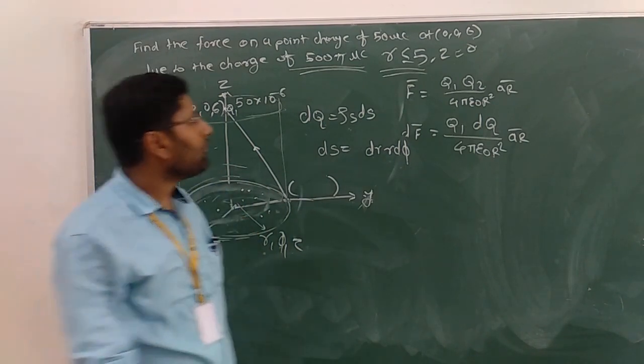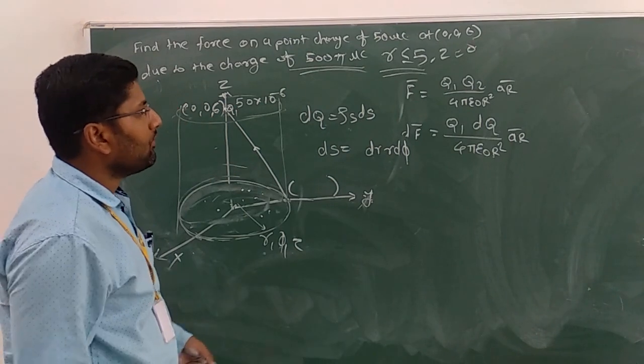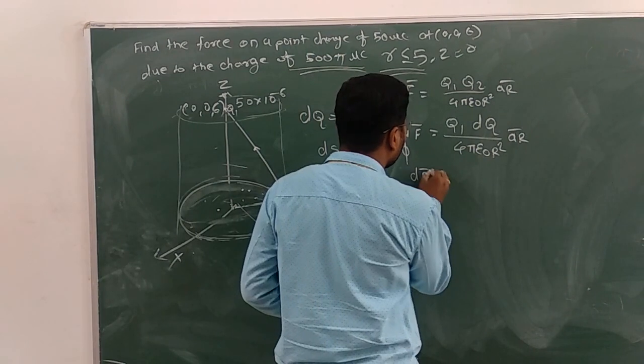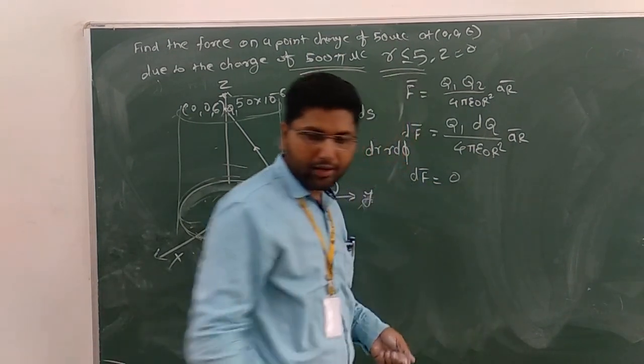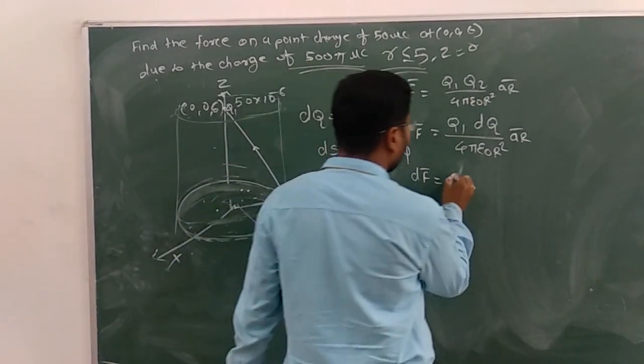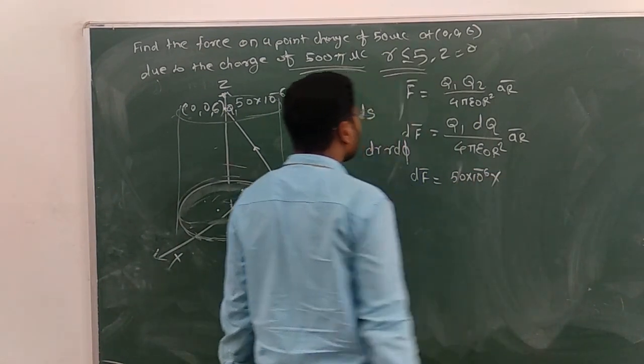Okay, so here df bar. Now instead of dq, df bar is equal to q1, I will write directly here. The q1 value is 50 microcoulomb, 50 into 10 raised to minus 6. dq is what?